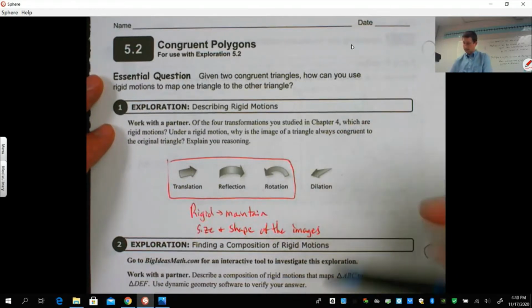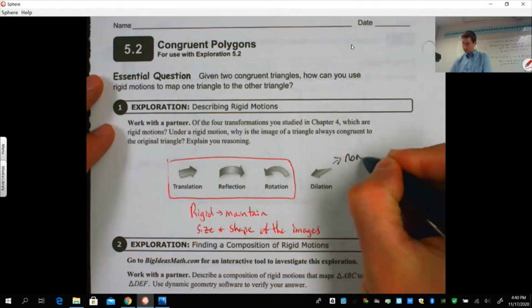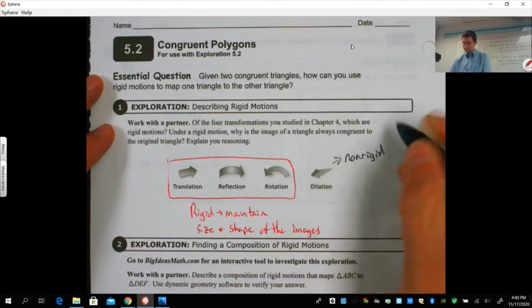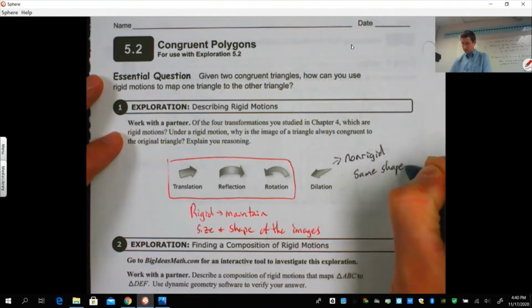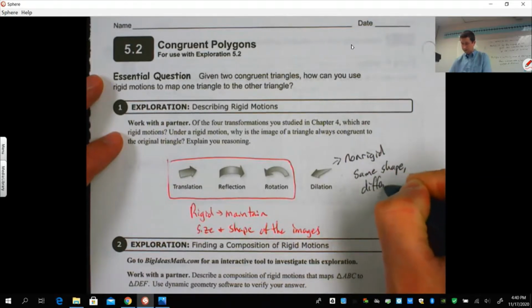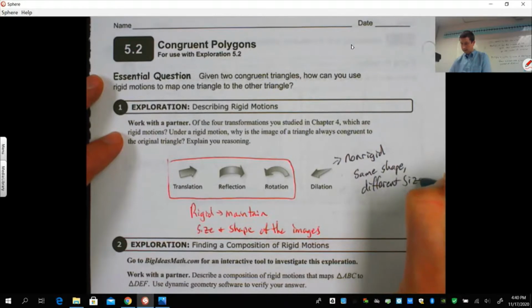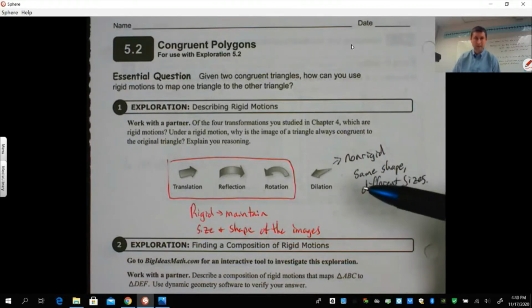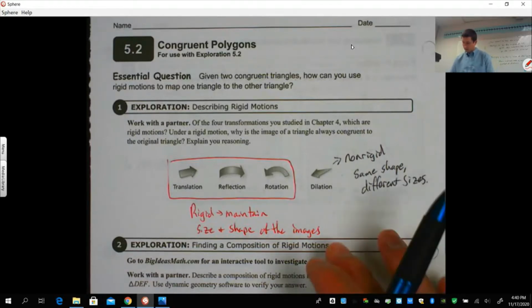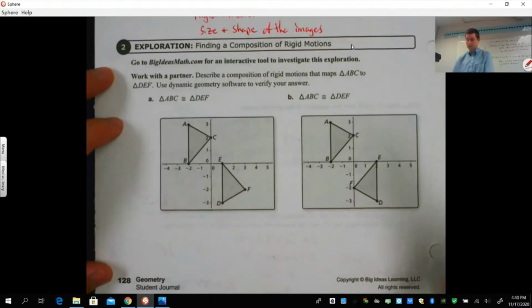Dilation is non-rigid because it has the same shape but different sizes. Eventually we're going to get to that. That's going to be called similar. Non-rigid transformations require similar objects. This is the same thing that we saw in chapter 4.